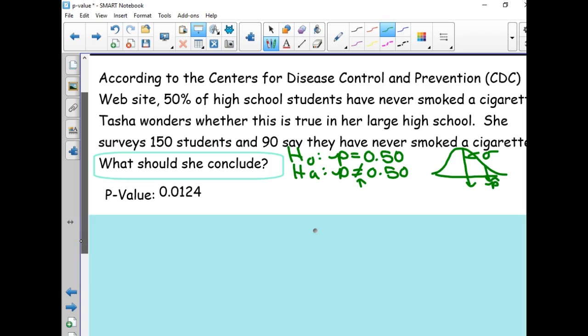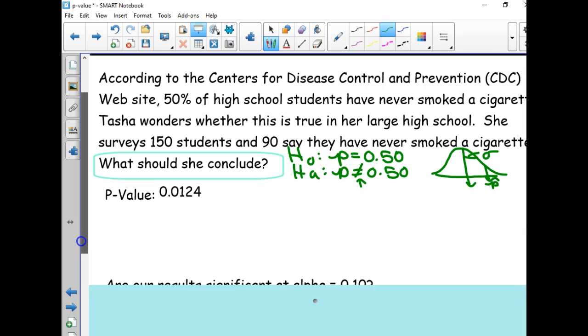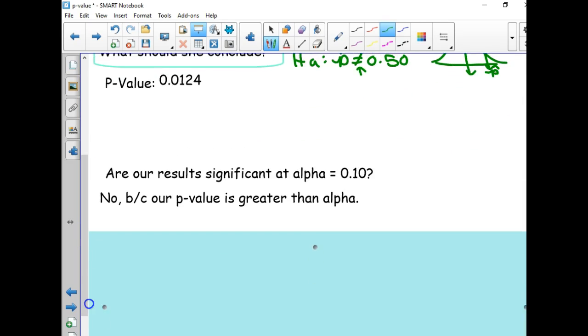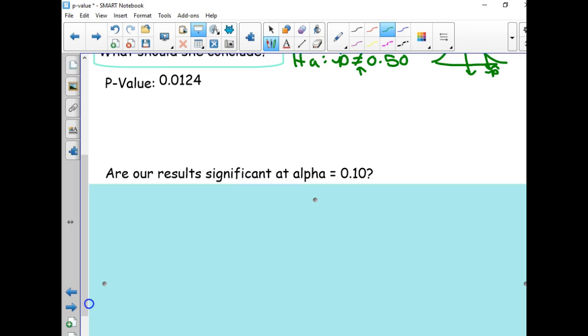Well, what does that mean? We need to say, are these results significant? So we have to compare it to alpha. And the alpha I give you here is 0.10. And then we say, okay, well, what is it? Our p-value compared to alpha. 0.0124, I'm sorry, it's not greater than, it is less than alpha.